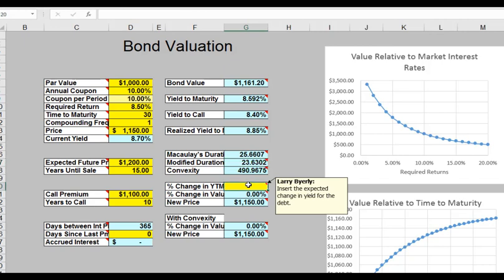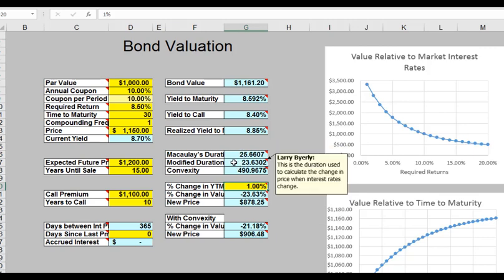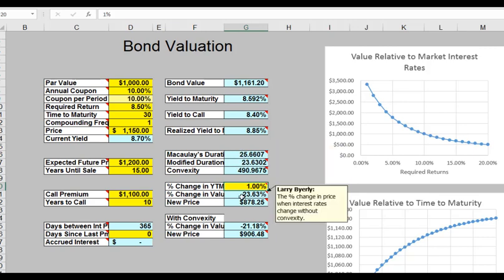Let's assume that interest rates change by 0.01, that's 1%. So if interest rates go up by 1%, we're going to find out that there'll be a change in value. The change in value is modified duration times the change in interest rate, and it's a negative value.